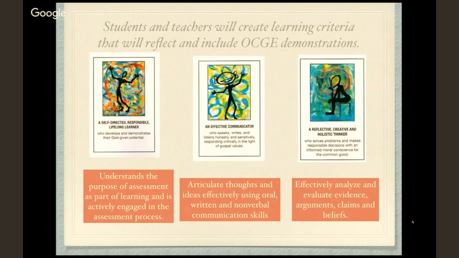But three that really stood out to me today when looking at Office 365 is a self-directed responsible lifelong learner. So we're helping our students understand the purpose of the assessment as part of their learning, and we really want them to be actively engaged in the assessment process. We really want to make sure that they are effective communicators.